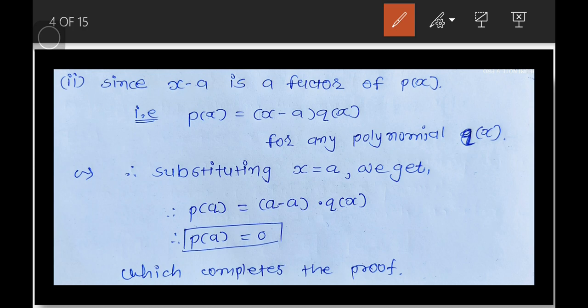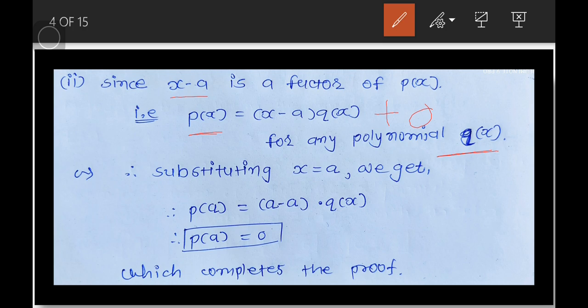Since x minus a is a factor of p of x, as given in part number 2, p of x is equal to x minus a into q of x for some polynomial q of x, because when a polynomial is a factor of another polynomial, the remainder will be 0. So here we will not put any remainder, and we can write p of x is equal to x minus a into q of x.